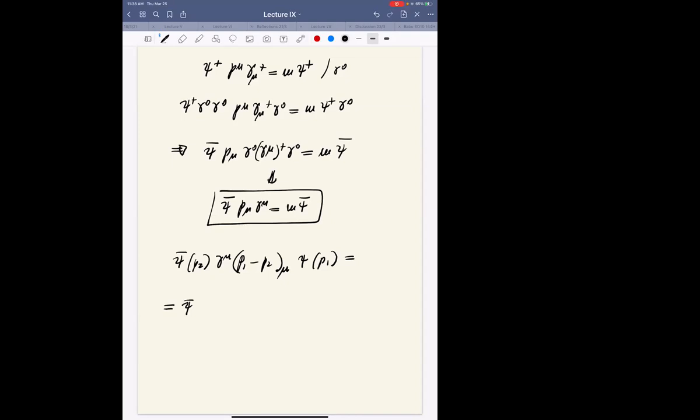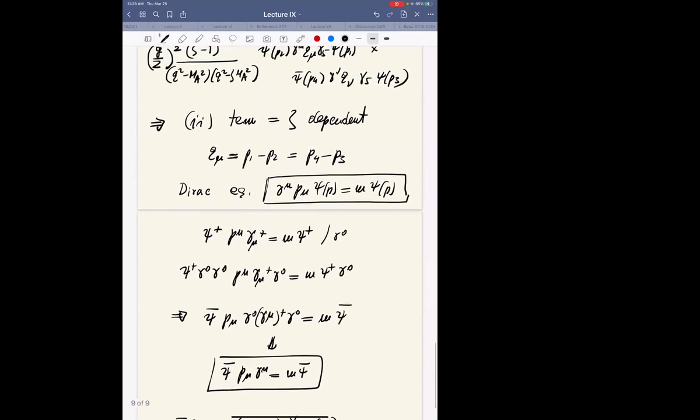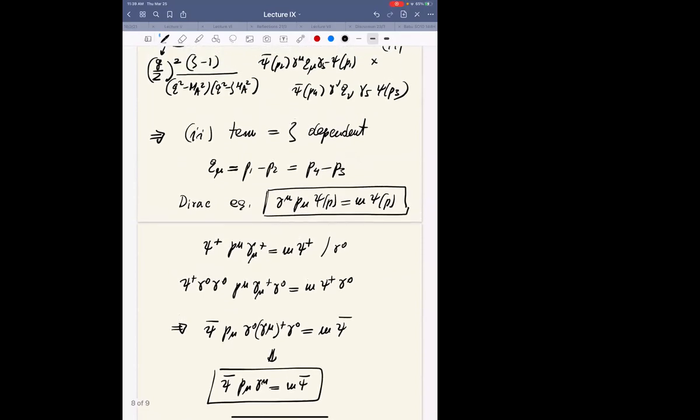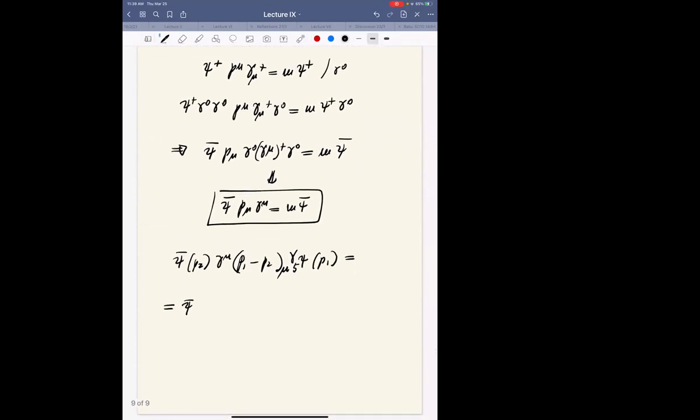Oh, there was gamma 5, I'm sorry. Right, gamma mu comes first with my conventions, gamma 5 later. So notice, gamma mu anti-commutes with gamma 5. So the first term will have a minus sign.